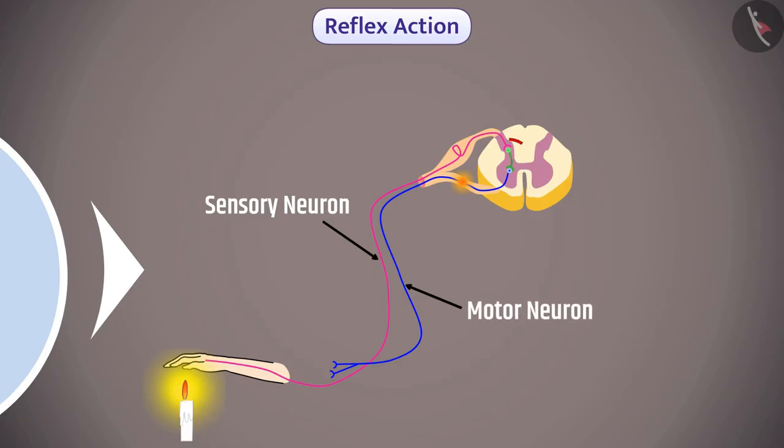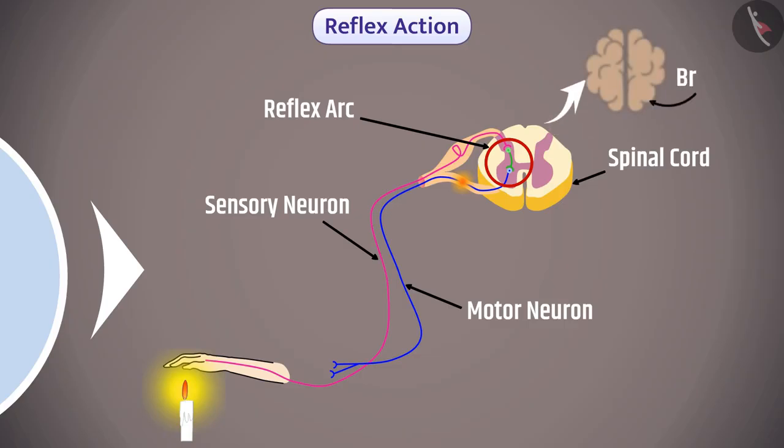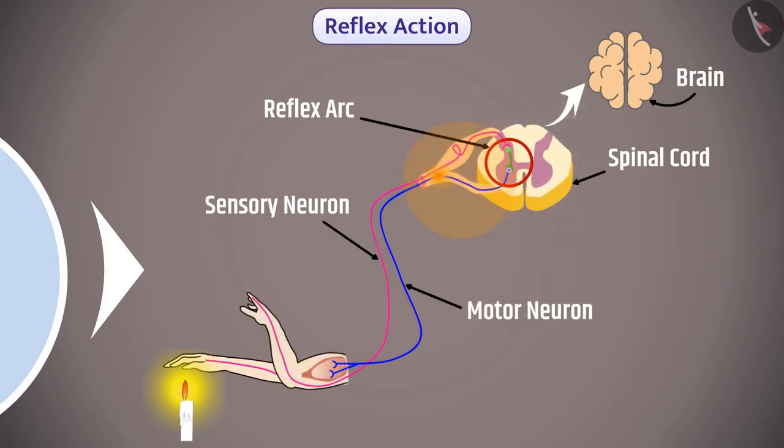The connection between a sensory neuron and a motor neuron is called a reflex arc. These reflex arcs are formed in the spinal cord. All the nerves in the brain form a bundle in the spinal cord. The motor neuron transmits the signal to the effector, here the muscle cells of the arm.